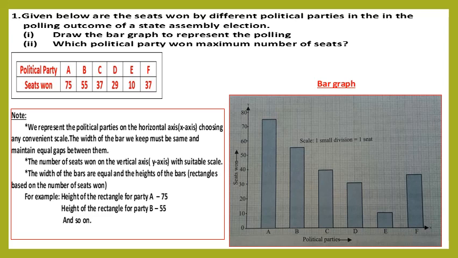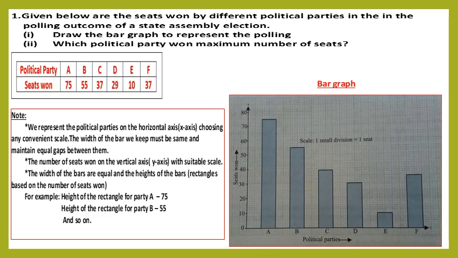In the given table, in the first row, it is given the political parties names A, B, C, D, E and F. In the second row, the seats won by the respective parties are given.